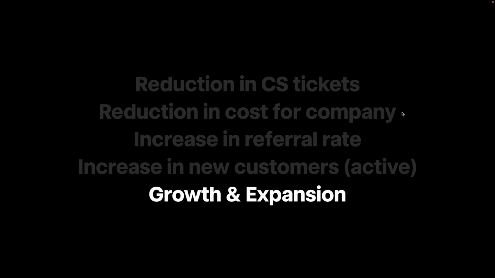Their job is to reduce cost. That is their KPI. But the growth team's KPI is increasing the referral rate. So by solving one problem, you're changing two KPIs for two different teams, right? And that's how you need to think about all this.